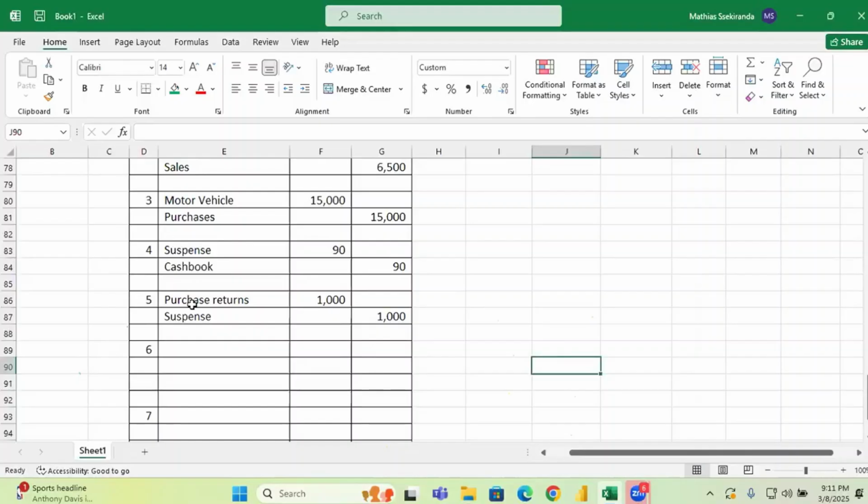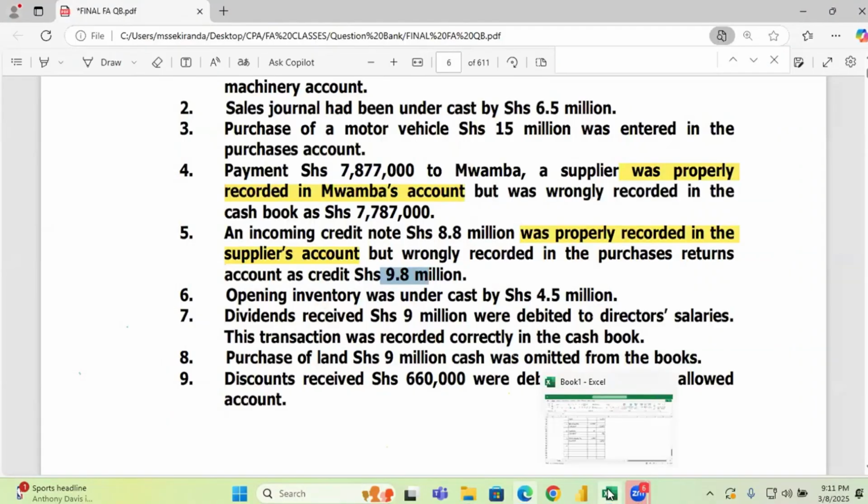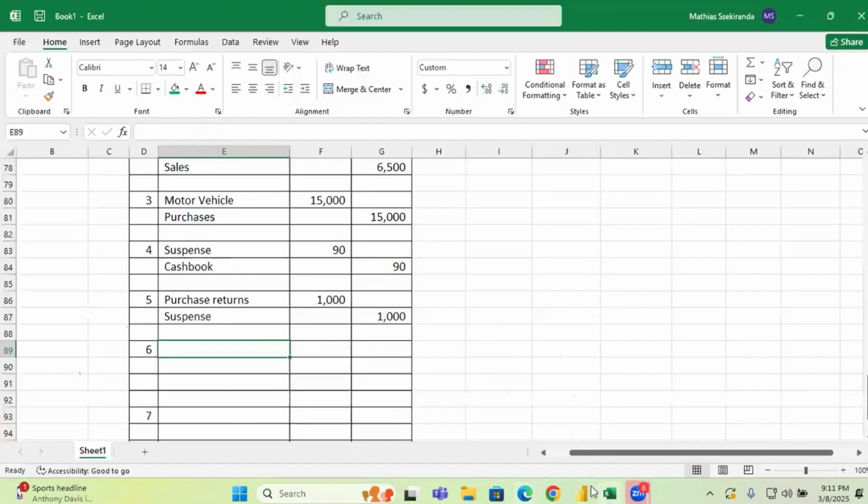Note number 6: opening inventory was undercast by 4.5. So we have to increase opening inventory. Inventory increases by debiting, so debit inventory 4.5, and credit suspense, since it is an understatement error, and you are done.